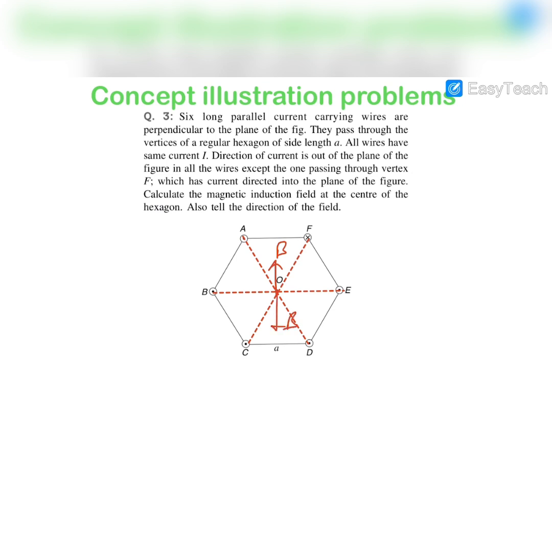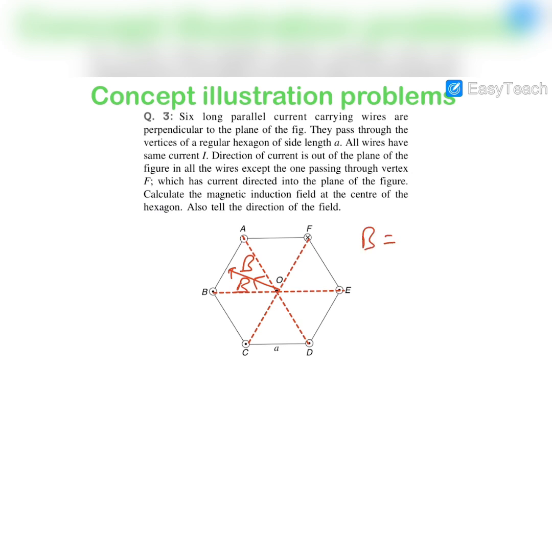The magnetic field due to the D wire will be like that. The magnetic field due to A will be like that. So these will be cancelled out, but the magnetic field due to C will be like that, and the magnetic field due to F will also be like that, because the current flowing in them is in opposite directions.